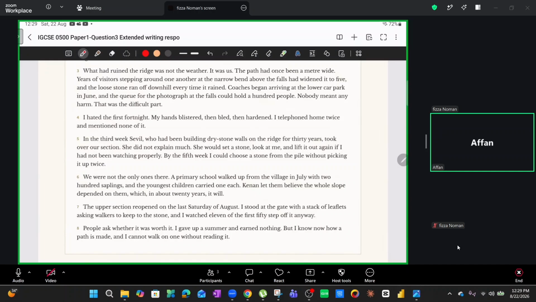By the fifth week, I could choose a stone from the pile without picking it up twice. We were not the only ones there. A primary school walked up from the village in July with 200 saplings, and the youngest children carried one each. Kanan let them believe the whole slope depended on them, which in about 20 years it will.